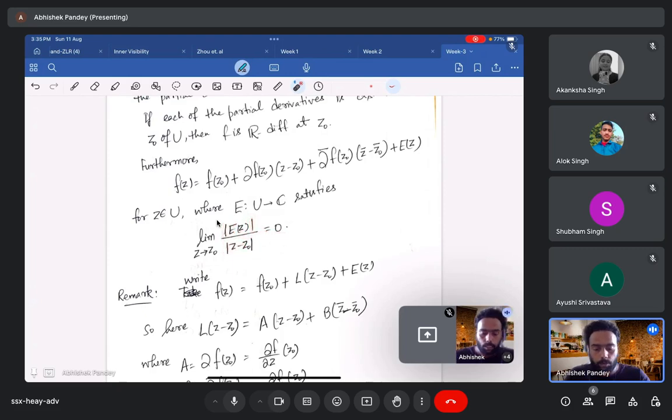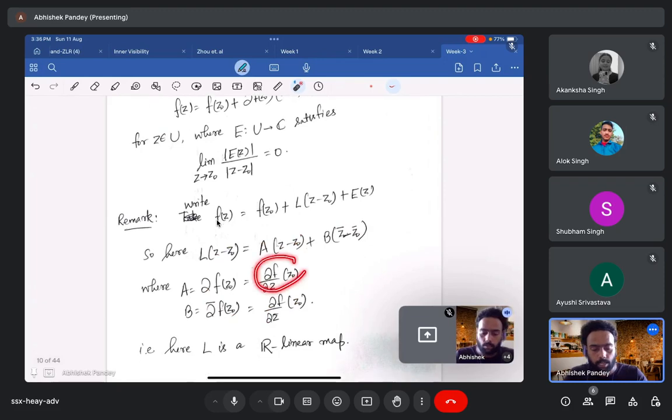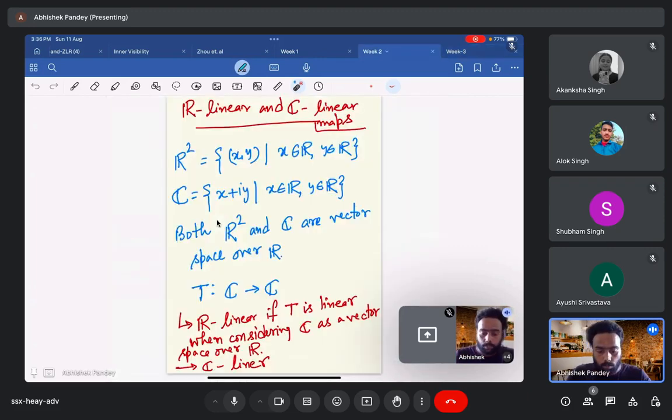Okay. Now if you write f(z) as this one, and you take L(z minus z naught) as A(z minus z naught) plus B(z bar minus z naught bar), where A is nothing but this one and B is nothing but this one, so what is your L? L is an R linear map, isn't it? What is an R linear map?